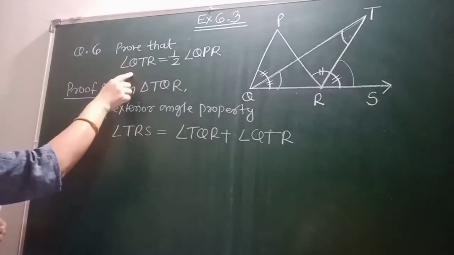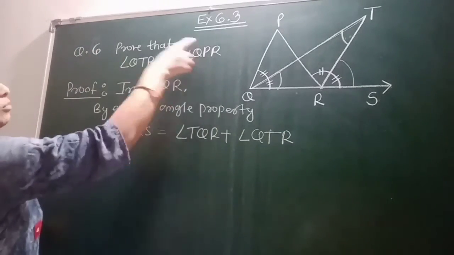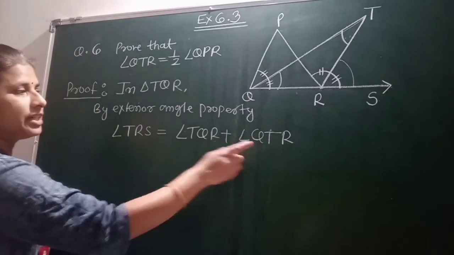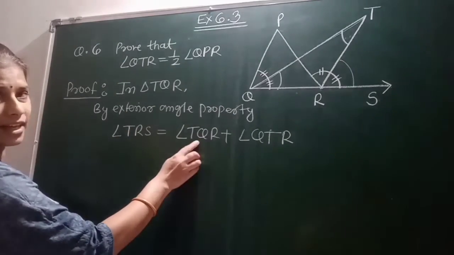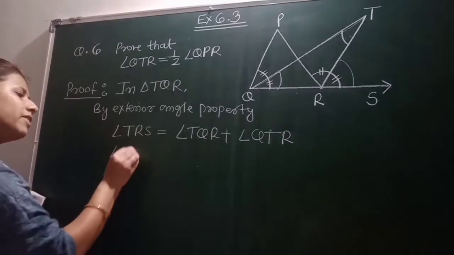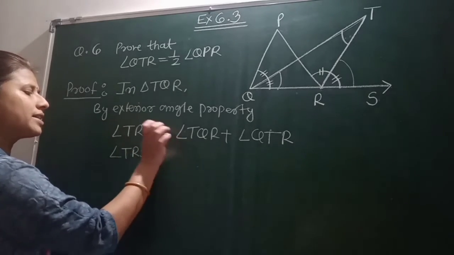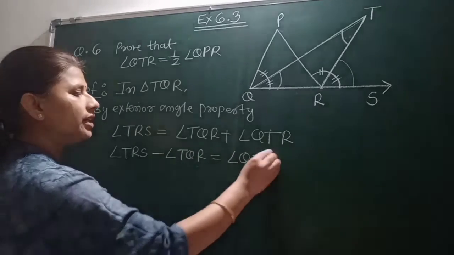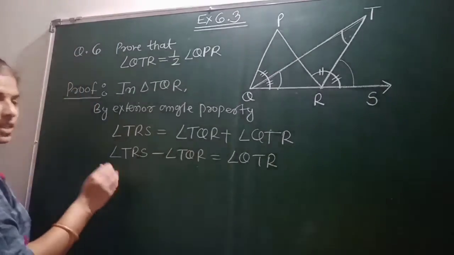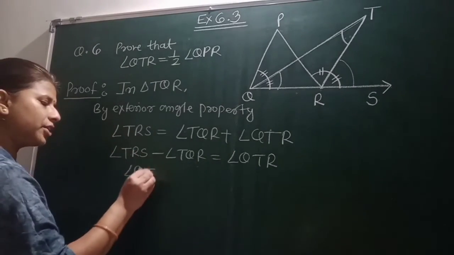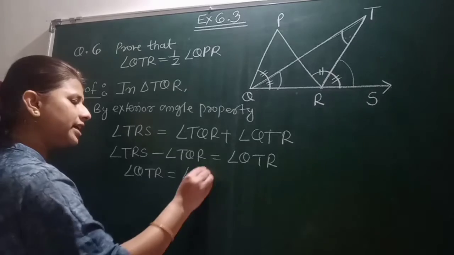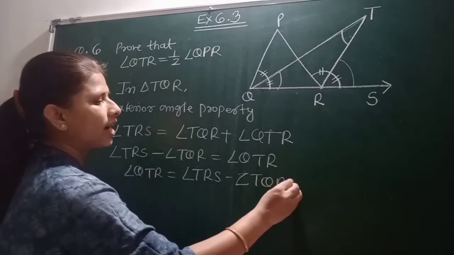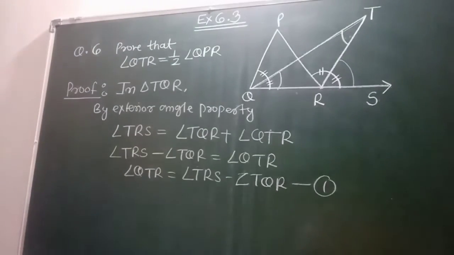Now student, what do we have to prove? Angle QTR. So from this equation we will find angle QTR. We will shift this angle from right hand side to left hand side and we will get angle TRS minus angle TQR equals angle QTR. Or we can interchange the places of left hand side and right hand side and we will get angle QTR equals angle TRS minus angle TQR. This one is our first equation.